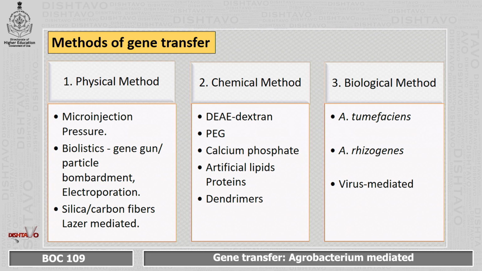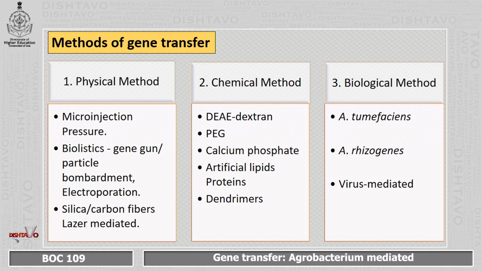Now, methods of this gene transfer. We can broadly classify the methods in three main categories, that is physical method, chemical method and biological method. Under physical method, we have microinjection, pressure, gene gun or particle bombardment, electroporation, silica or carbon fibers, that is laser mediated.